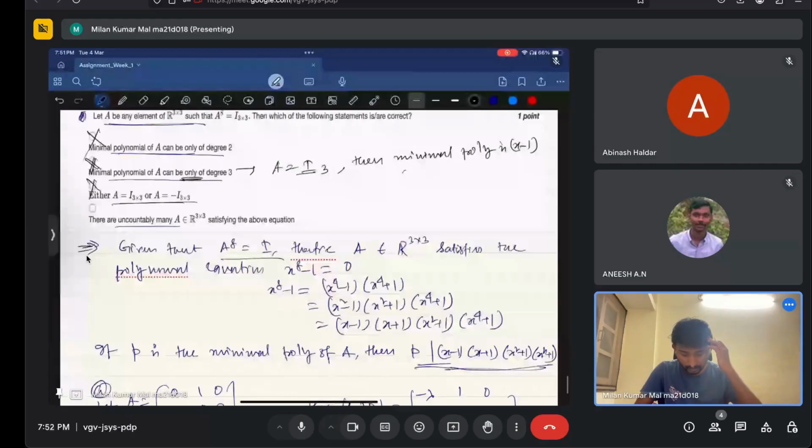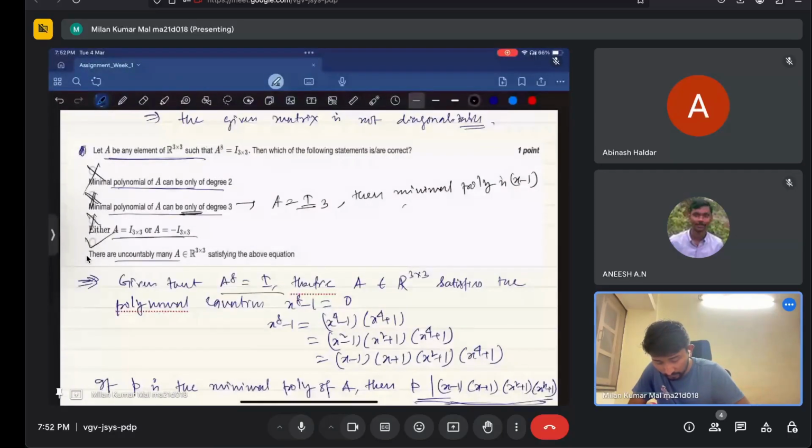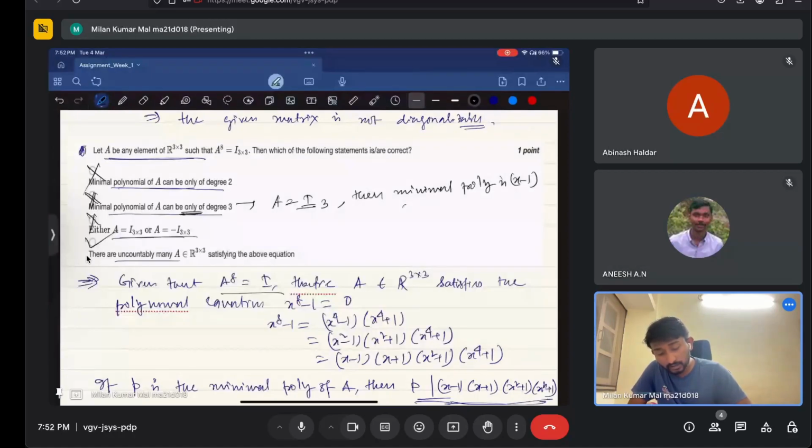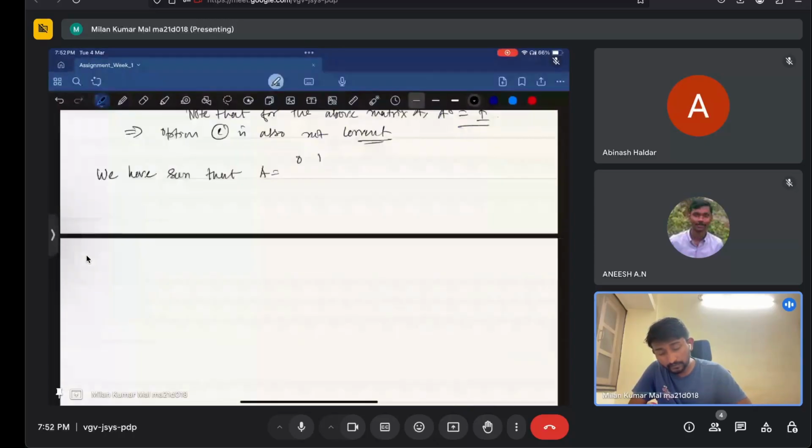What we have seen is that the matrix A, which is given by 0 1 minus 1 0 0 0 0 0 1, satisfies A to the power 8 equals identity.